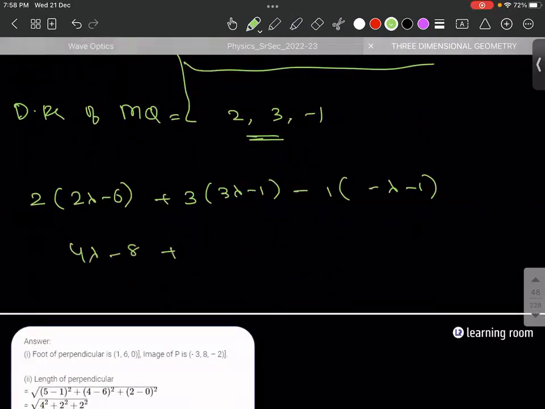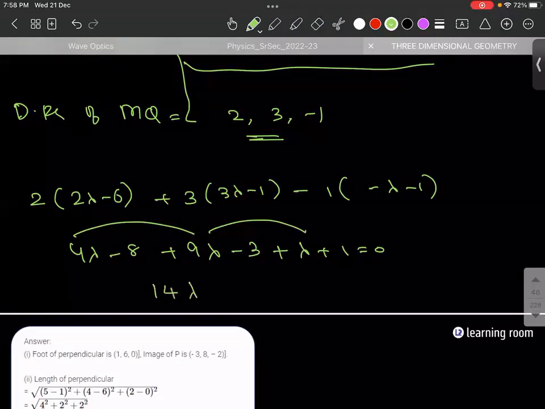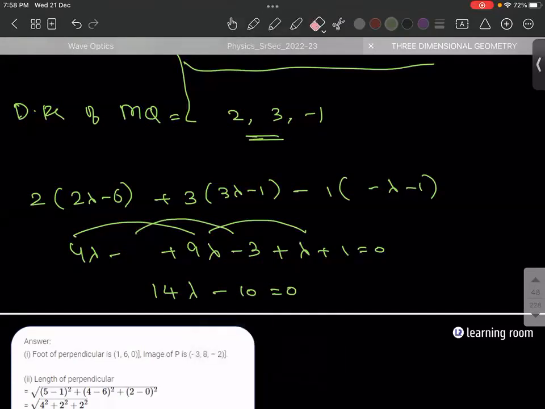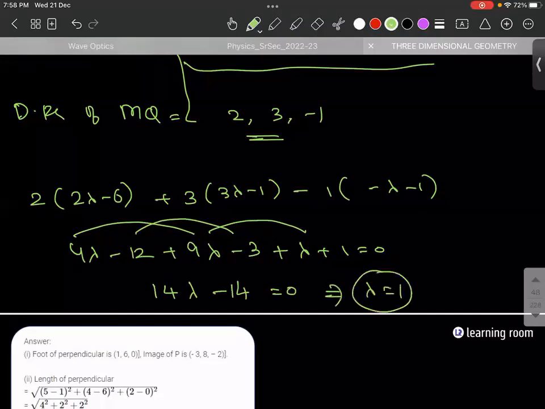So 4 lambda minus 12 plus 9 lambda minus 3 plus lambda plus 1 will be 0. So 14 lambda minus 14 is equal to 0, which will imply lambda is equal to 1.